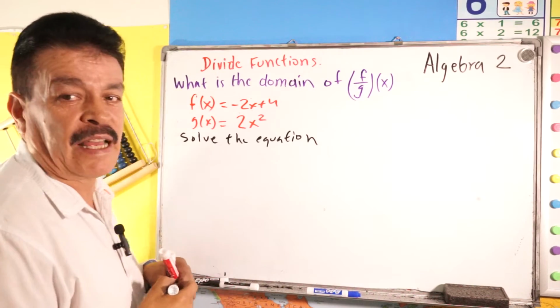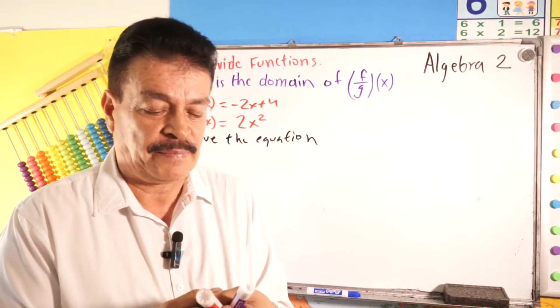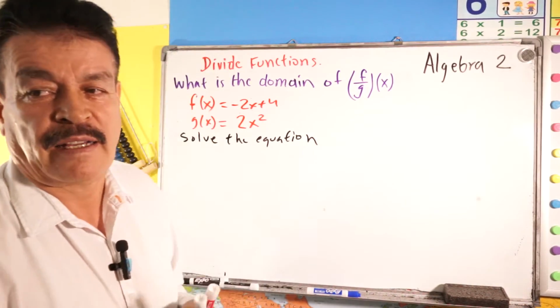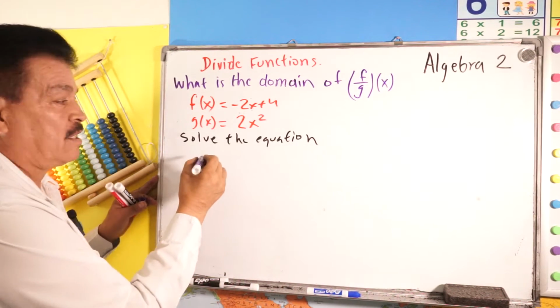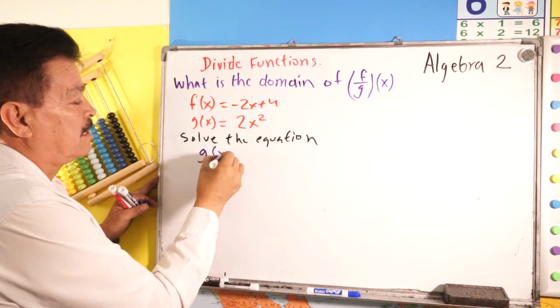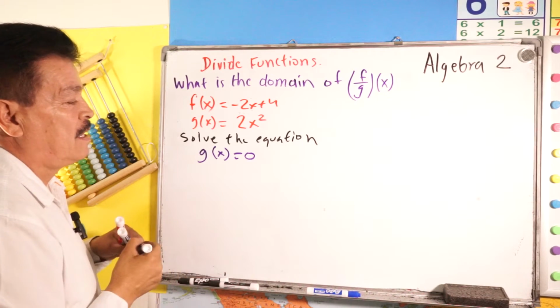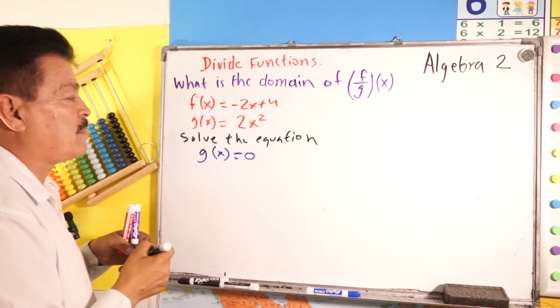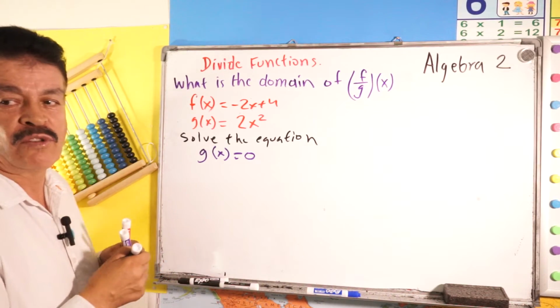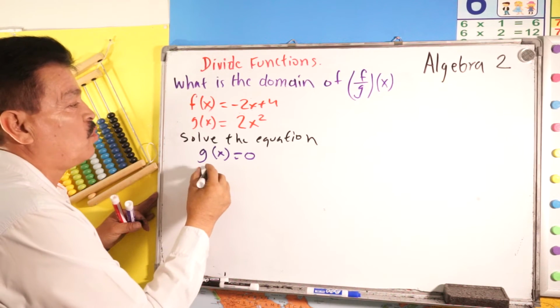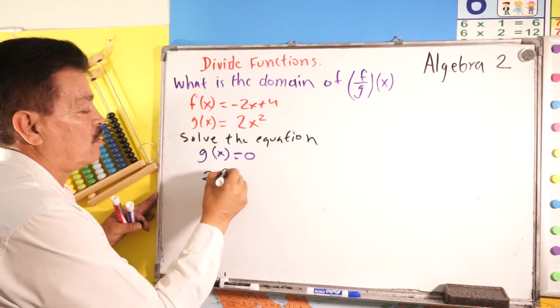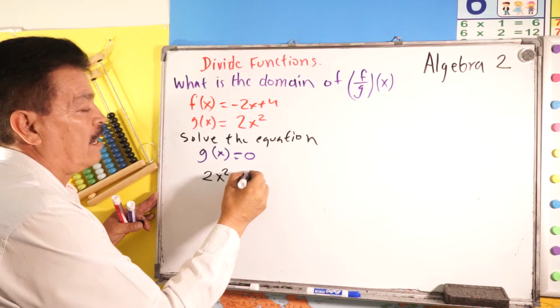What is the next step? Just write g(x) equals 0 and substitute: 2x squared equals 0.